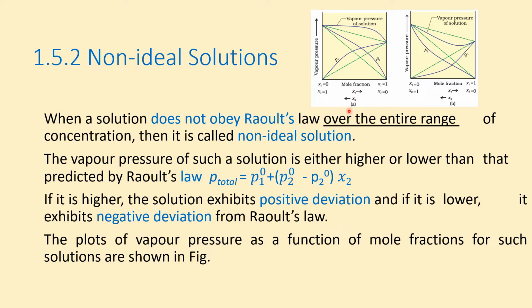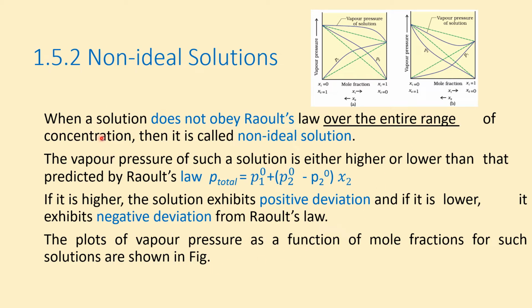Figure A is a solution that shows positive deviation from Raoult's law. The green line obeys Raoult's law, and this is a positive deviation from Raoult's law. And in figure B, if we plot vapor pressure versus mole fraction, it shows a solution with a negative deviation from Raoult's law.